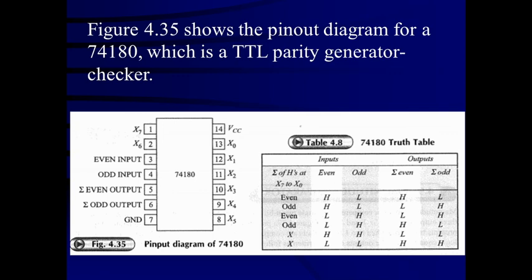But if at the receiving end it has even parity, because the transmitted data had odd parity and the received data has even parity, that means one of the bits is changed and hence the data is corrupted by the noise and it should be discarded. This way the parity generator and parity checker circuits are utilized for checking that the data is transmitted without any noise. Thank you very much.